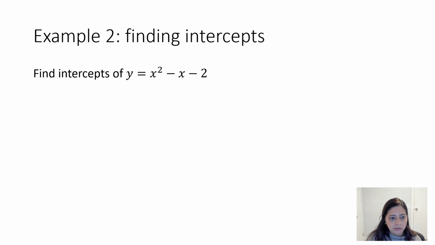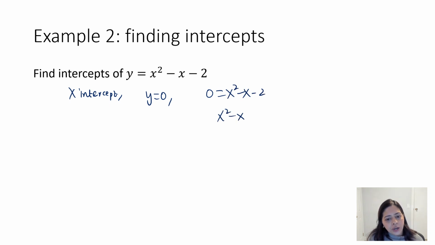Here we have a square function. So to find x-intercept, put y equals to 0. So I told you, whenever you put y equals to 0, that will leave you an equation to solve for x. Now in the previous example, that was a linear equation, very easy to solve. Here you have a quadratic equation, again easy to solve.